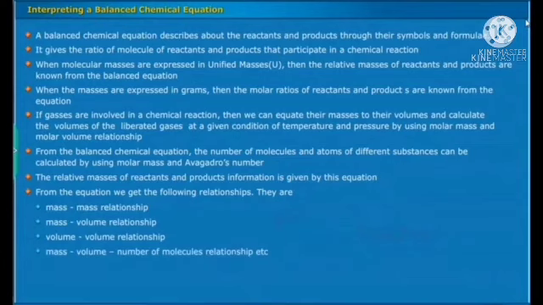Finally, the mass, volume and number of molecules relationship. Every chemical has some weight and occupied space, and every element has a number of molecules. The relationship between the number of molecules, the occupied volume and the weight of the particles is called the mass, volume, number of molecules relationship.